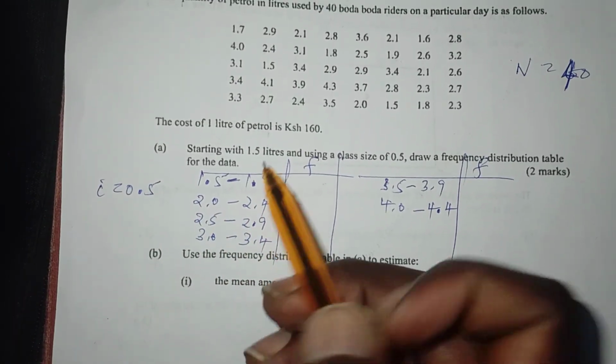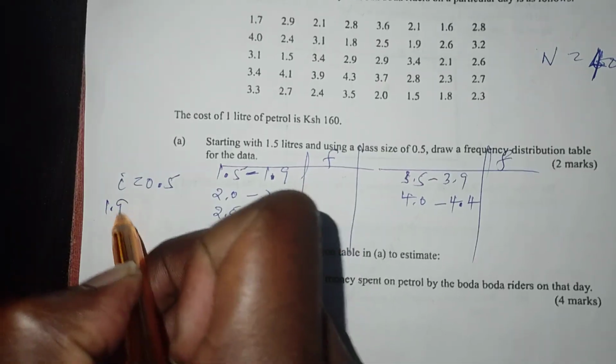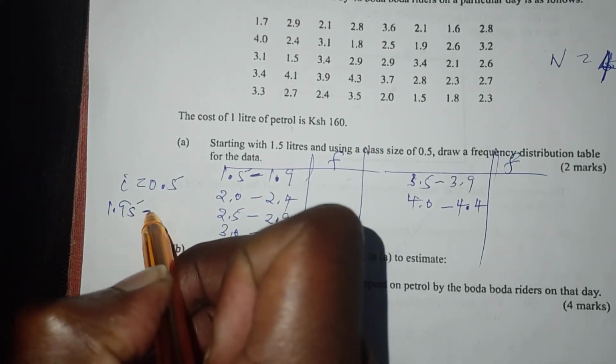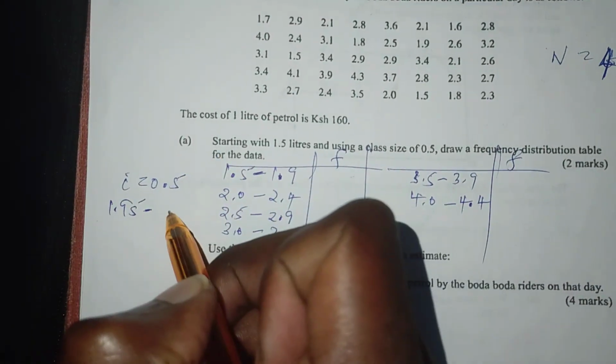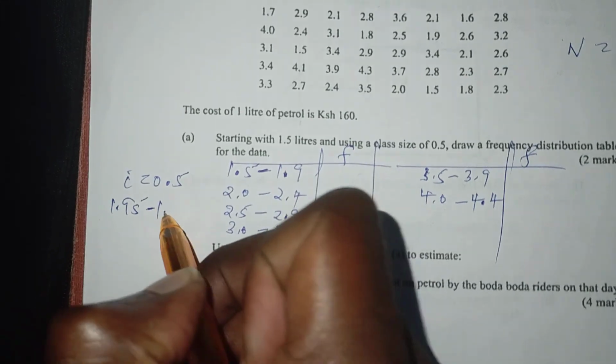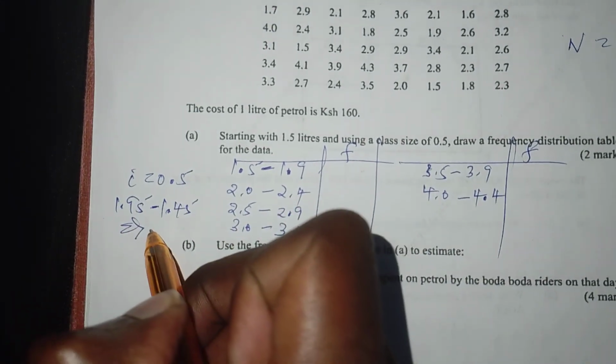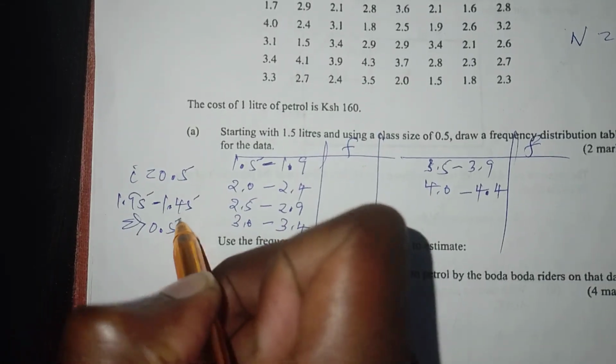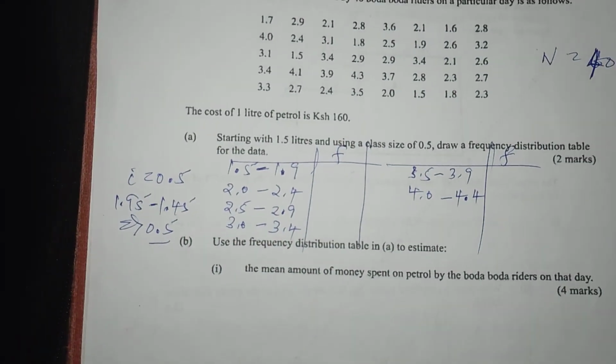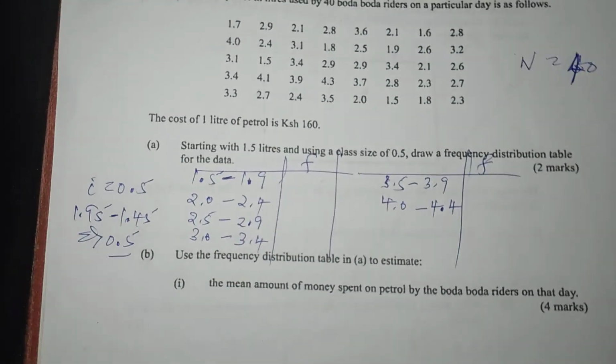So the upper class limit will be 1.95, then the lower class limit beside it will be 1.45. When you subtract, you'll get 0.5. The same applies to other classes.